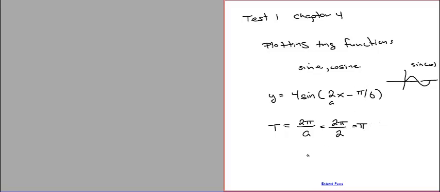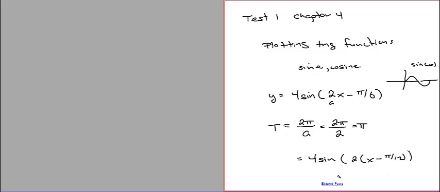And then as far as the shift, and I'm definitely going to put one of these on here because nobody listens to me. Well, not everybody. There are 3 people who listen to me. What you do is you factor this number out of both terms. So if I divide this by 2, I get 1. If I divide this by 2, I'll get pi divided by 12.